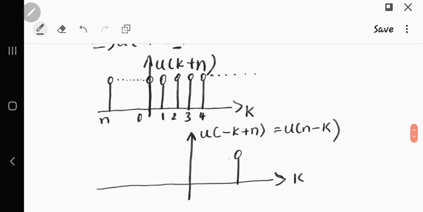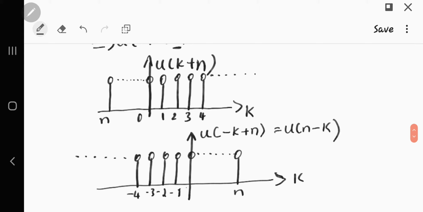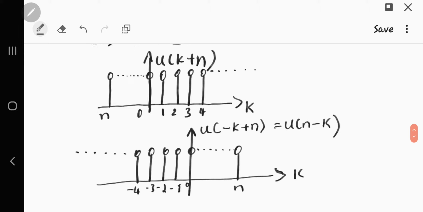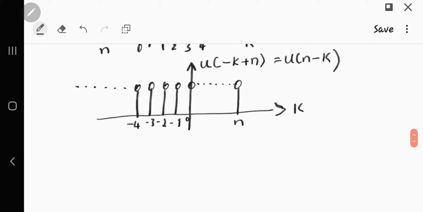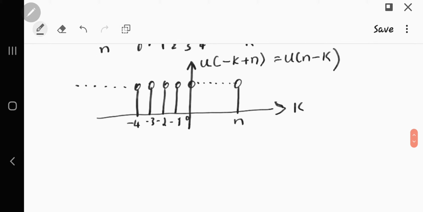Now this n is shifted to this side, and the indexes will be taking the negative values because we are performing time reversal. So minus 1, minus 2, minus 3, minus 4, and it will go on. So this signal now is my u[n minus k].